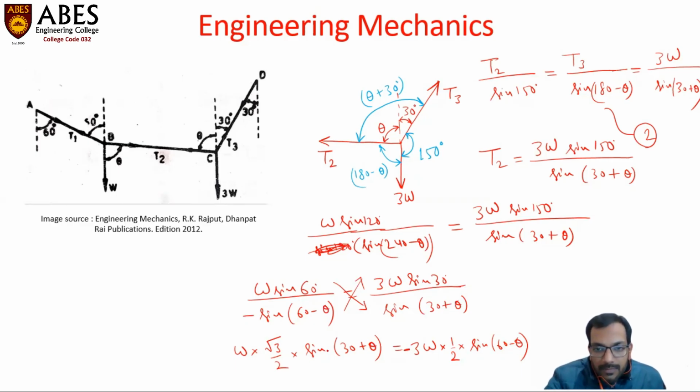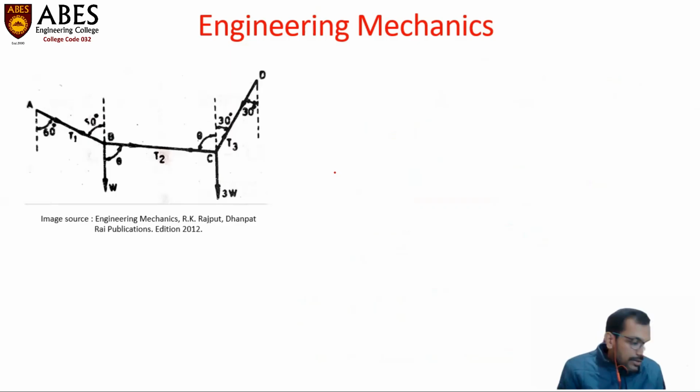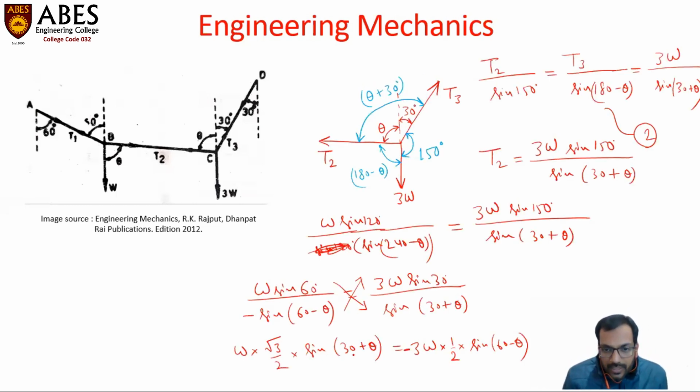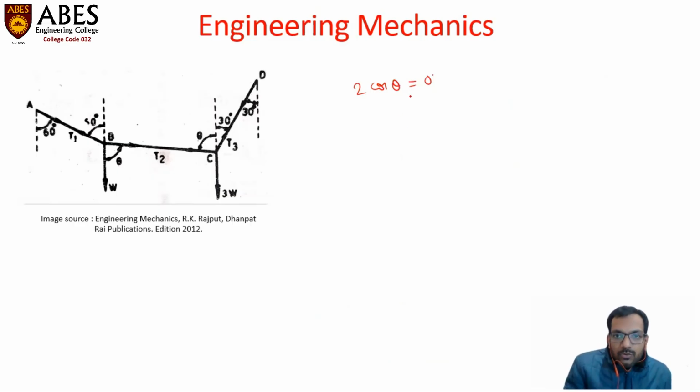By further simplifying this expression, putting the values of sine A plus B and sine A minus B as per their standard formulas, we get this final result that 2 cos theta is equal to 0 degrees, or we can conclude that theta is equal to 90 degrees.